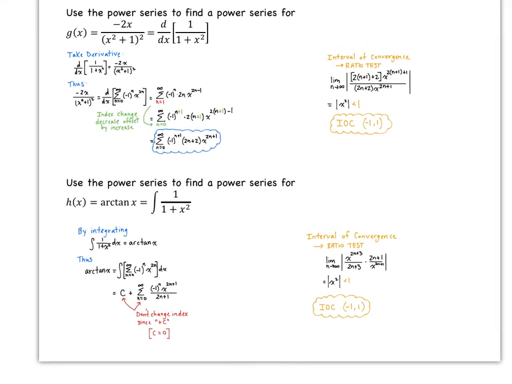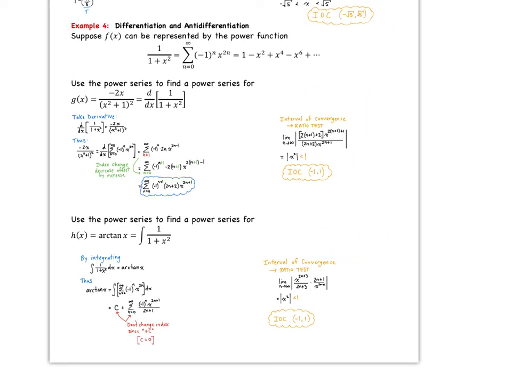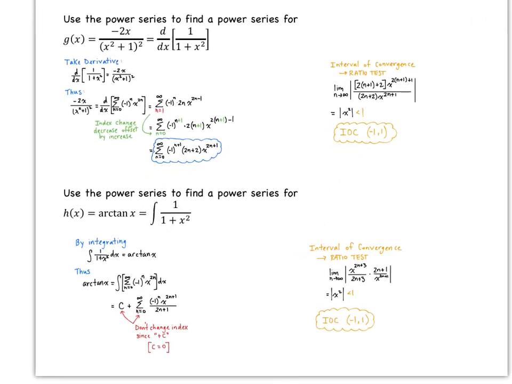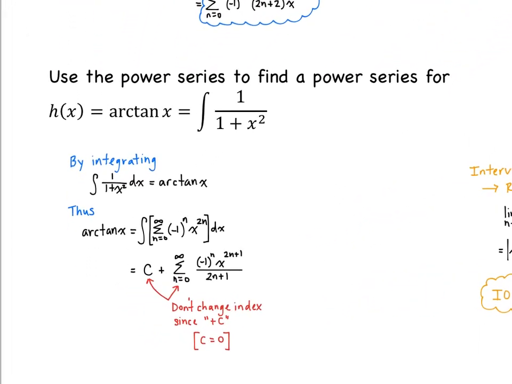Now what we should notice is arctangent is really the integral of 1 over 1 plus x squared. So by recognizing that aspect, that's key. We know we just need to integrate the series that was given to us, to represent a function for arctangent of x.